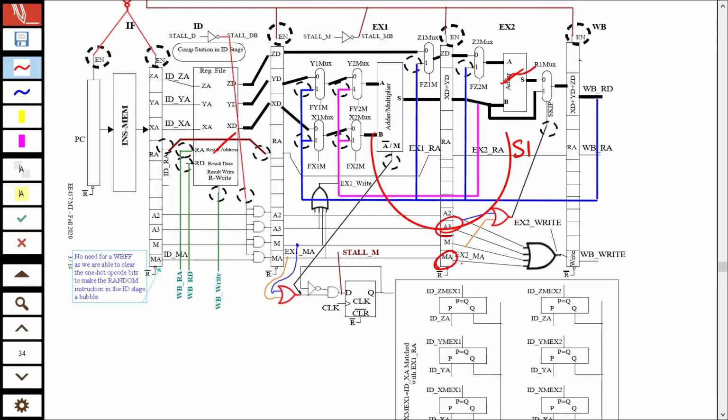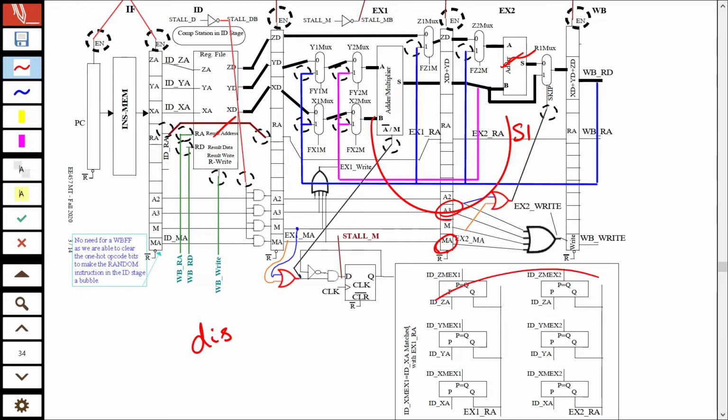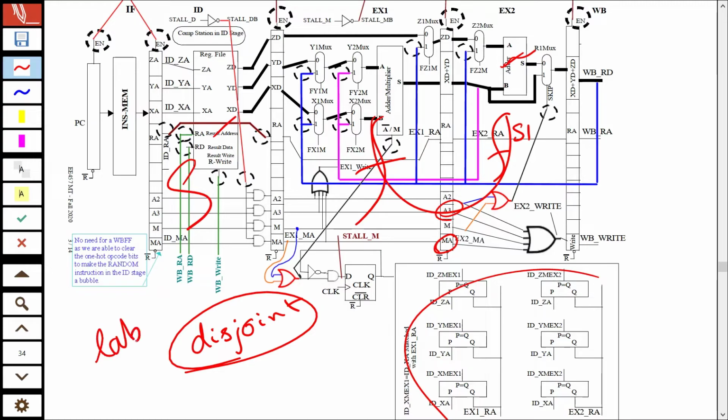Okay. So about the word disjoint, among the comparison units, some are used for stalling and some are used for forwarding, and these are disjoint. No, they are disjoint in Lab 7 Part 1, but not here. And why?